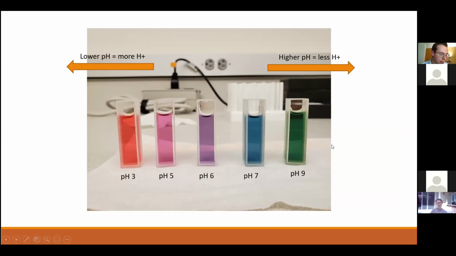And so the really fun thing is it's not like as you add acid, you get a color, then you add base and you get a color. It's a whole spectrum of color as you increase acidity or increase basicity.